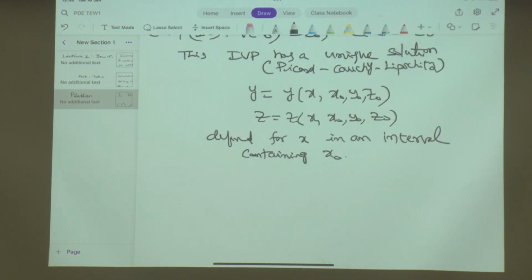Okay. Now, see, when we write y is equal to y of x, x naught, y naught, z naught, there is room for confusion sometimes. So one could write for y, my thing is a function phi. It's a function of x. And you see, I am not putting a comma. This is the usual practice to put this semicolon. And you put whatever is inside the problem. These are the data in the problem. You are prescribing your values at x0, and you are not solving for y separately, because the equation for y involves z, the equation for z involves y, right?